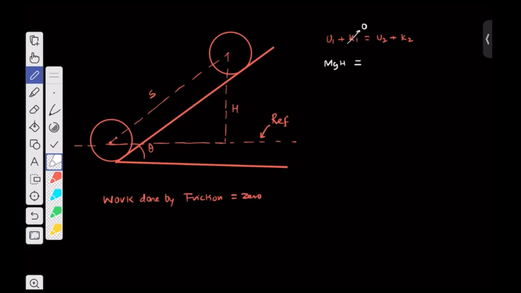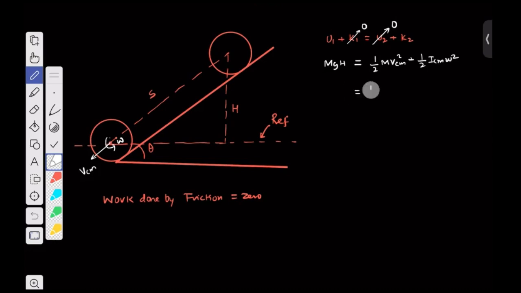Finally, potential energy is 0. Once it reaches here, it will be moving with VCM and it is going to have some omega as well. So the kinetic energy of the combined motion is half m VCM square plus half ICM omega square, and since it is rolling without slipping, VCM equals R omega.